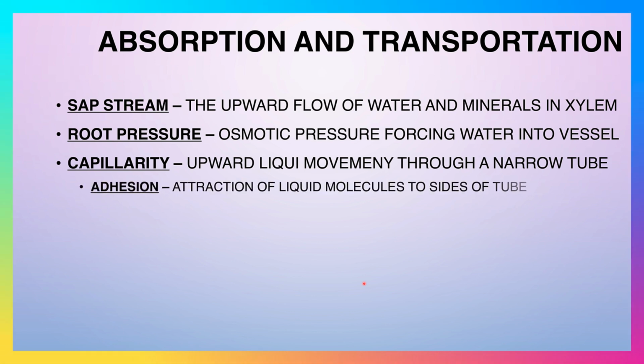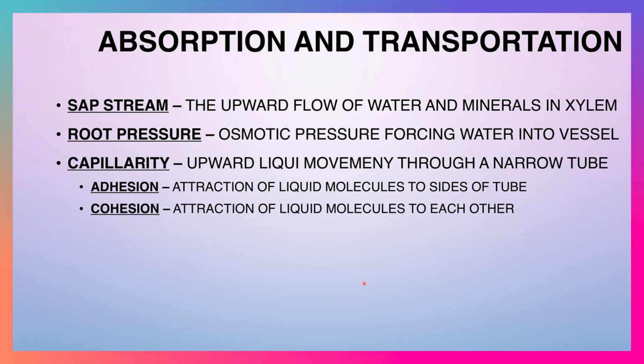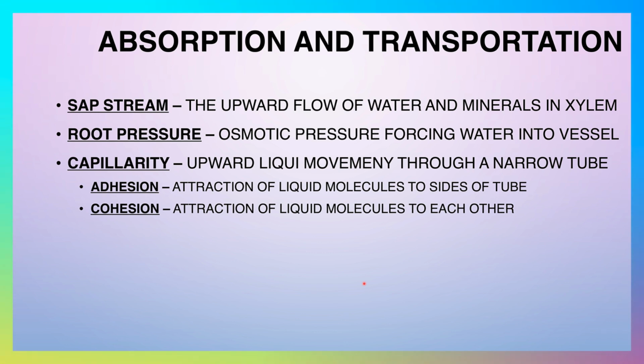And this is caused by a couple of things. One is called adhesion, which is the attraction of liquid molecules to the sides of the tube, as well as cohesion, which is the attraction of liquid molecules to each other. And so these two attractions cause the water to move up into the tube without any outward force.